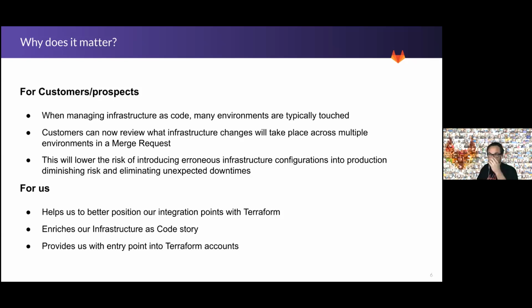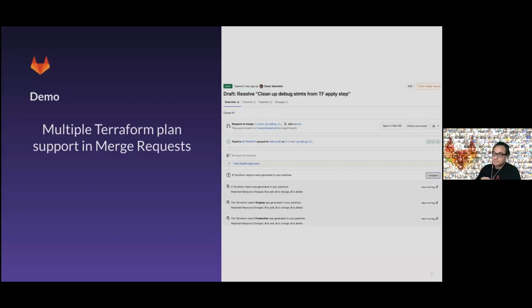And obviously, this will lower the risk of introducing erroneous infrastructure configurations into production, diminishing risk and eliminating unexpected downtimes. What's in it for us? This new feature helps us to better position our integration points with Terraform. It also enriches our infrastructure as code story, and it provides us with an entry point into Terraform accounts.